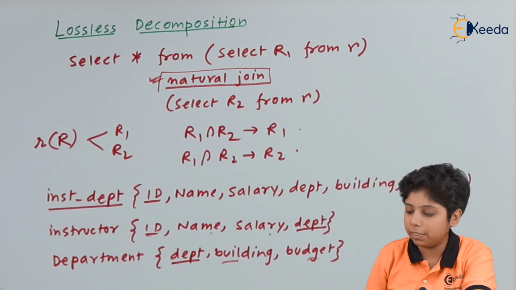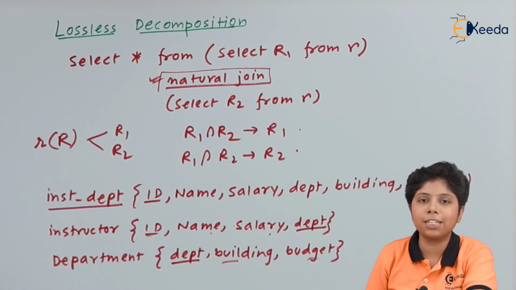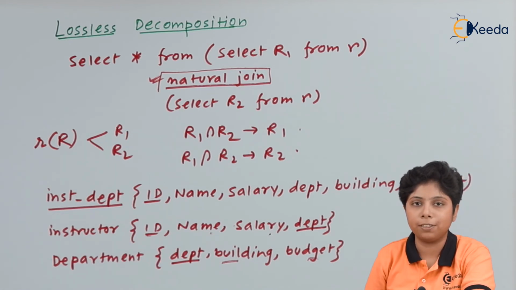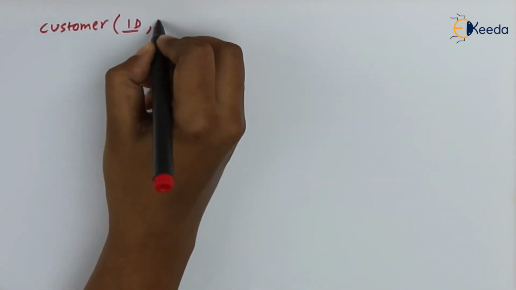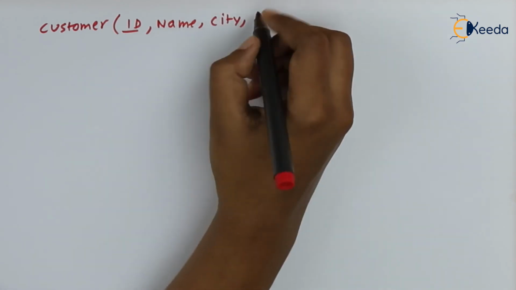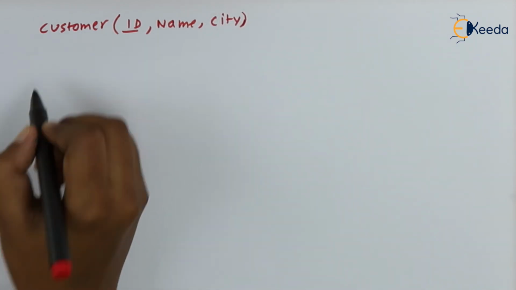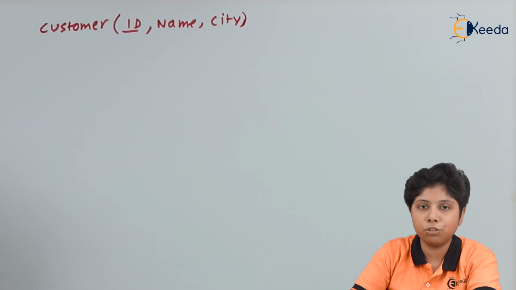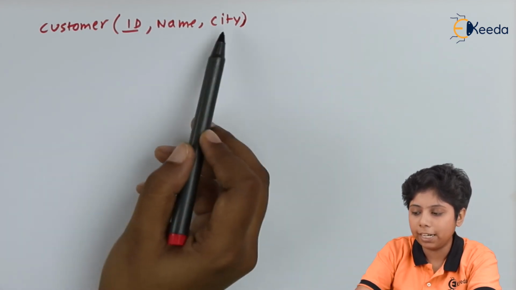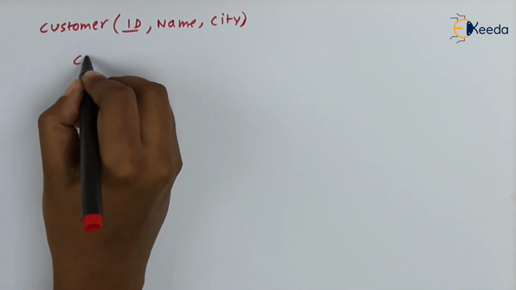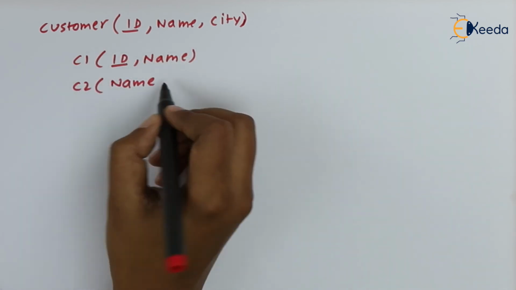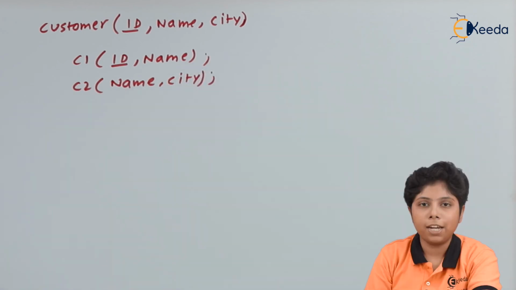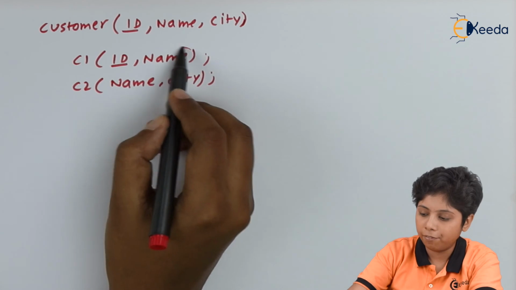Now what happens if I try to divide the customer relation into 2 parts? Let's look at this. Now I am dividing it into 2 parts, that is, considering the ID and name, and the name and city. Now if I take the intersection of R1 and R2, I will have name.